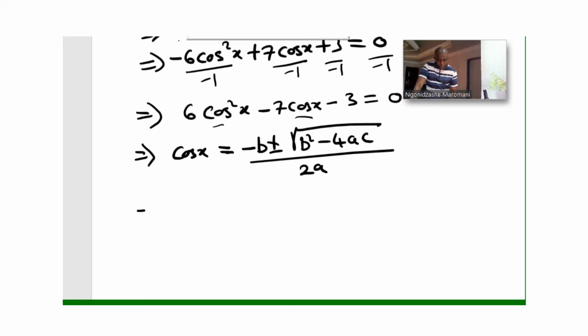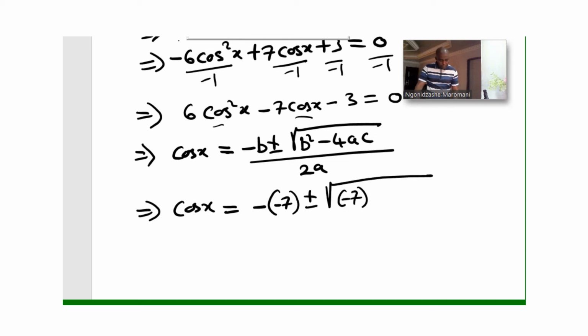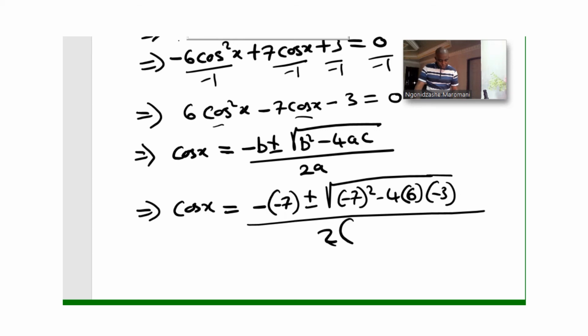That is to say my cos x is equal to minus, my b is minus 7, plus or minus the square root of minus 7 squared minus 4 times a, what's my a? My a is 6, multiplied by minus 3, everything over 2 multiplied by a, which is 6. That's it.